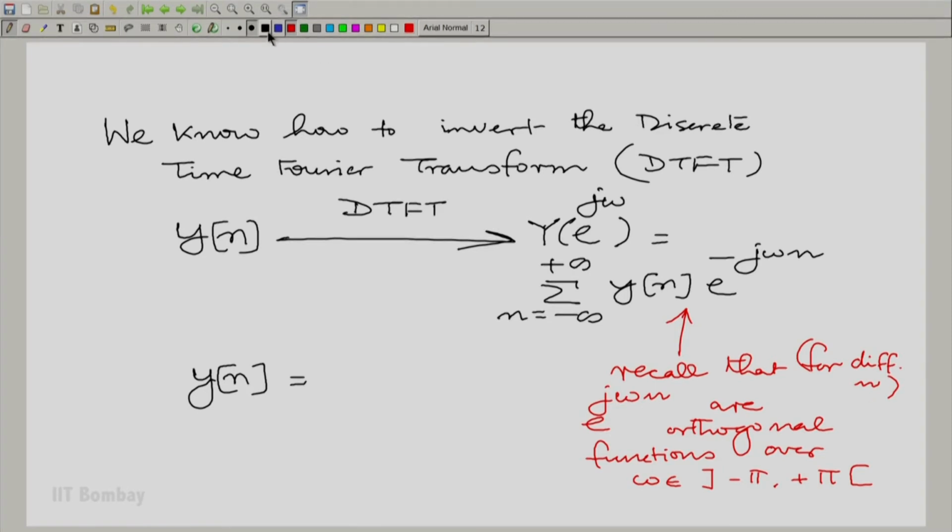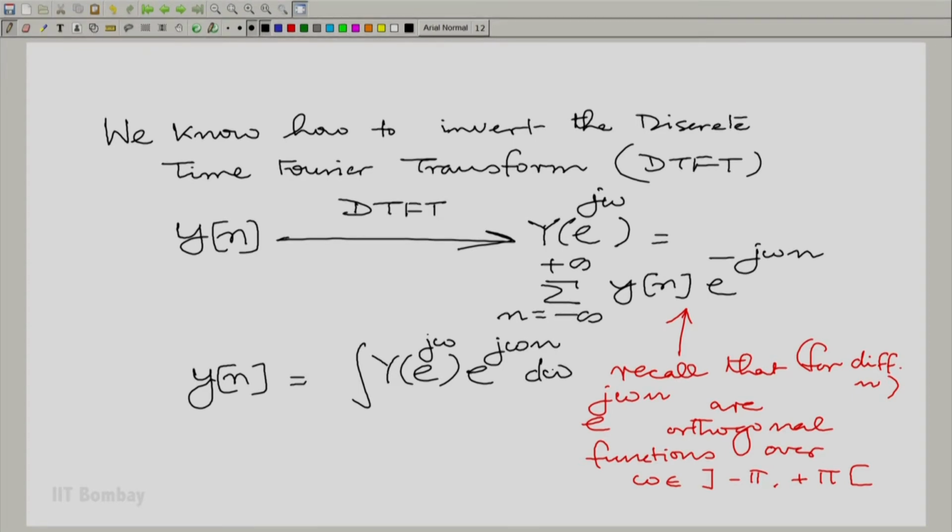So, with that we can simply multiply Y of e raised to the power j omega by the corresponding vector, and integrate.